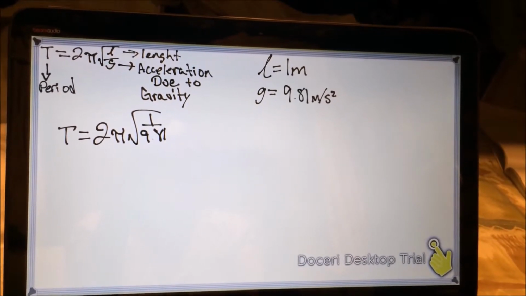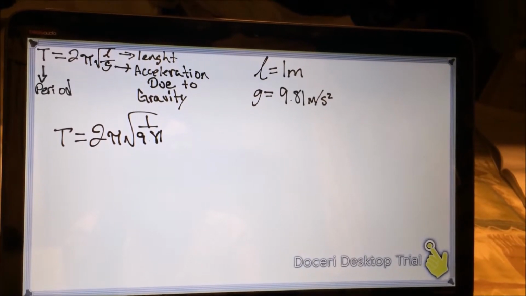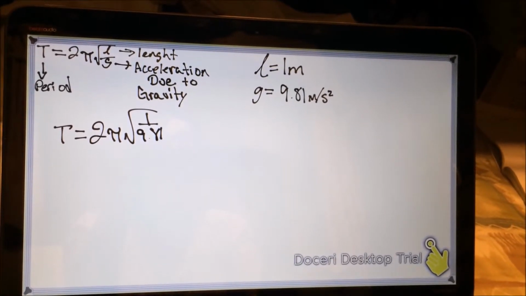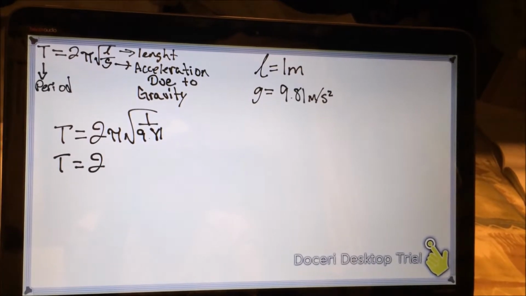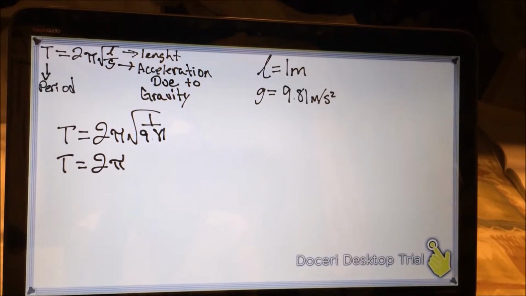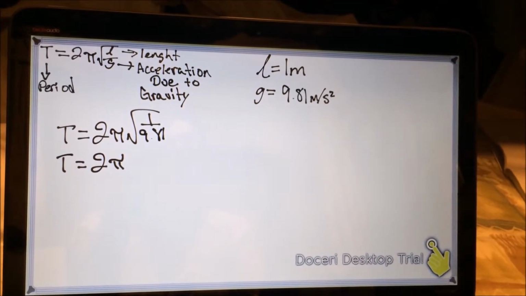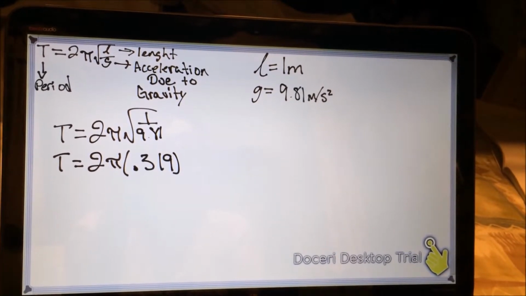Now first off, we have to find the square root of 1 over 9.81, and that is going to equal 0.319.